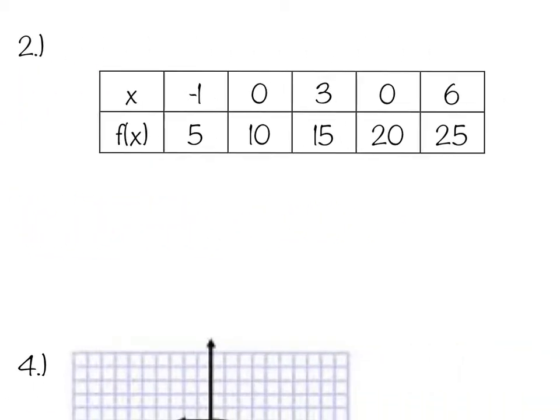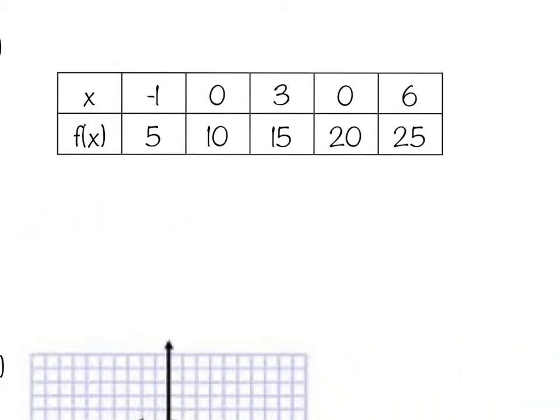When we look at example 2, you'll notice that when you look at the input values, you have 0 on there twice. So that's the red flag that this is not going to be a function, but we want to verify. See, 0 is giving us 10 as well as 20.